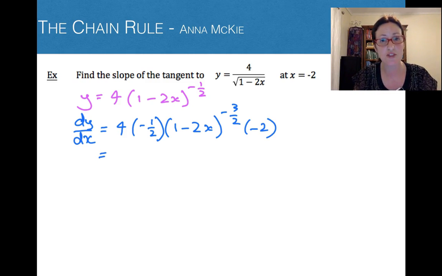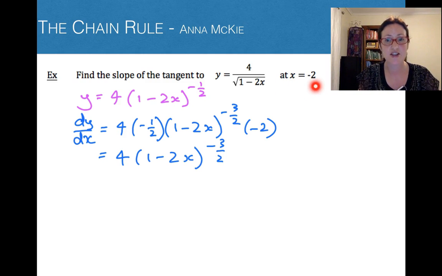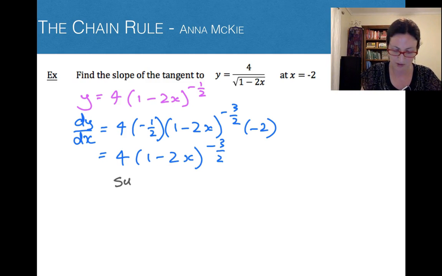And because we're going on with this function, it makes sense to tidy it up a little bit. So 4 times by -2, what do we get there? We have -2 times by that -2 will give us +4. And the rest will leave like this. Now, at a point. So essentially we're going to now substitute this point in to the derivative function. So I like to write what I'm doing, sub x equals -2.